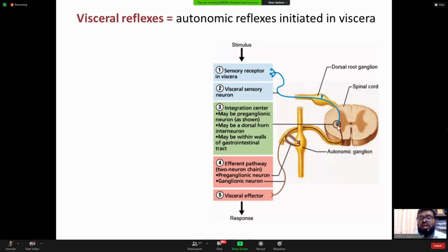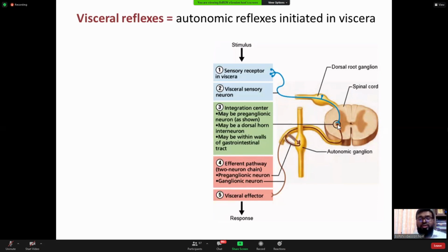As I've told you, the destination of the autonomic nervous system is the hypothalamus, whereas the destination of the somatic nervous system is the thalamus. I told you in a class two days earlier that the ultimate destination of autonomic sensation is the hypothalamus, and all the somatic sensations usually go to the thalamus.